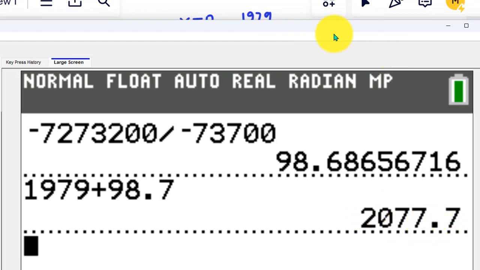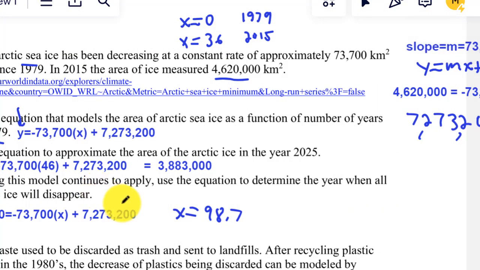So let's call it 2078. Year 2078. That's how long it'll take for there to be no ice, assuming the ice continues to melt at this rate, 73,700 kilometers per kilometer squared per year.